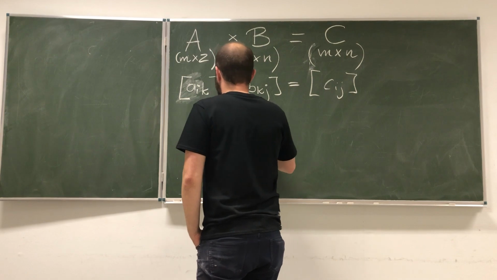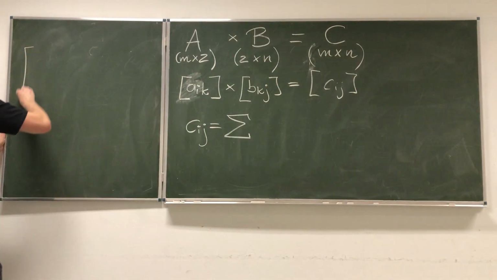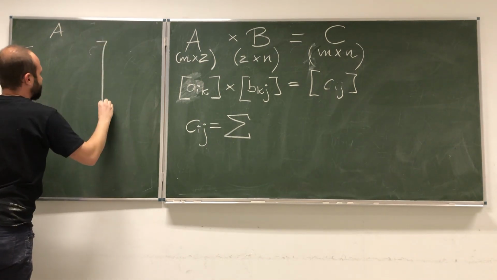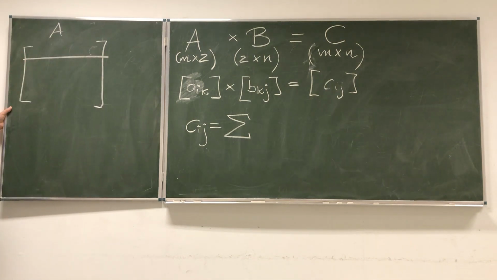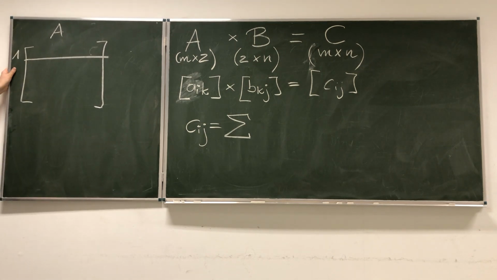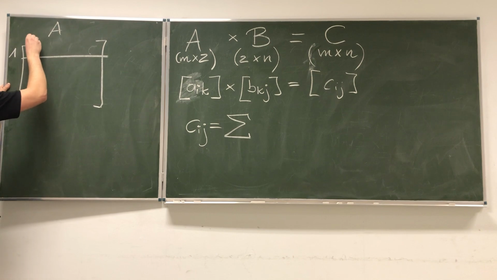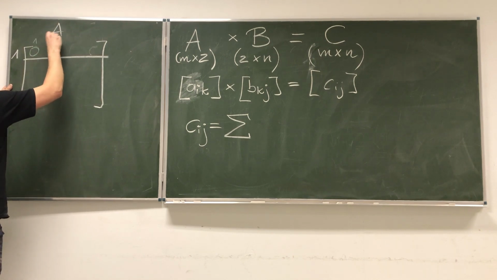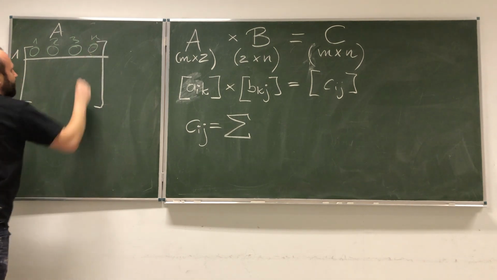Look, when I'm using, for example, the first row of the first matrix, I actually move across columns, right? This was the first column, then I move to the second column, then to the third column, then to the column z.